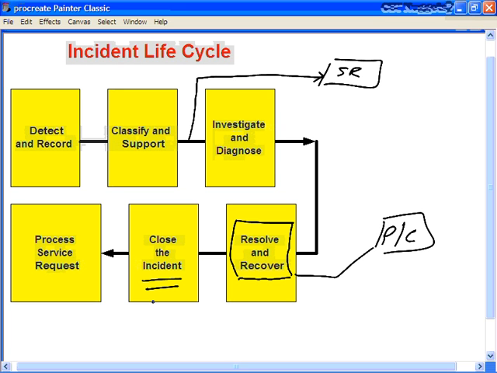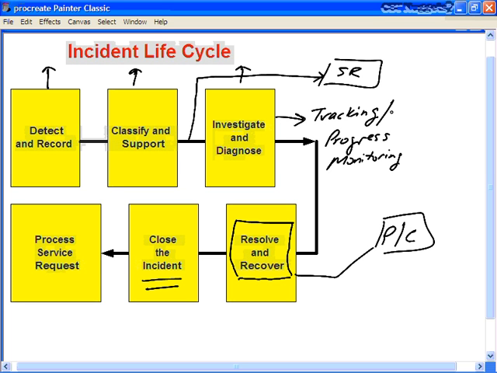Now realize all along the way, and I don't have this written down here, there should be an offshoot from each one of these steps of the life cycle. This offshoot should be an ongoing tracking process and progress monitoring. Along every step of the way, you're going to have either some real-time live monitoring and tracking of the process.